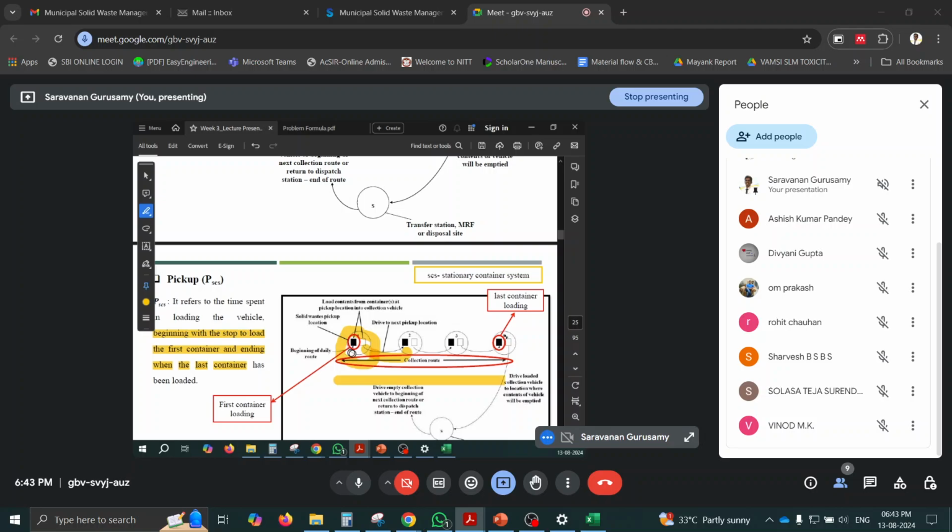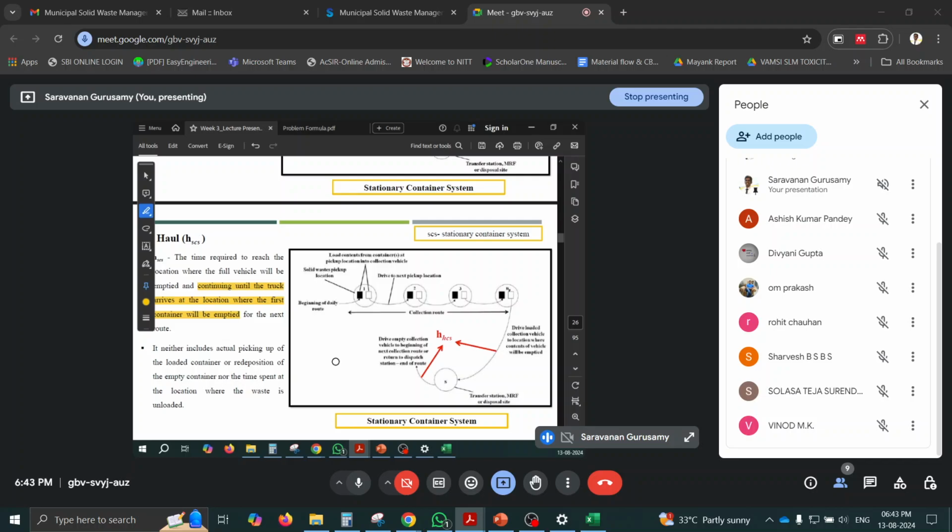So time required to travel between n minus 1 sites. If it is 4 locations, then 3 times we have to move. You understand? If it is 4 locations, we have to move 3 times. So n minus 1 times the distance traveled, and n times the pickup and emptying. So that is the pickup time. Then what is the haul time?